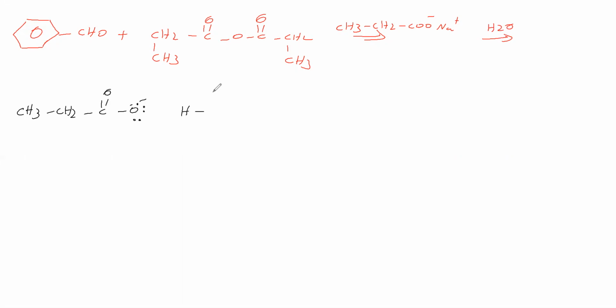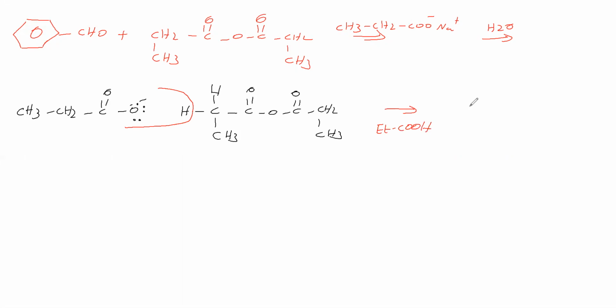So we take this as CH2CH3, COO, CO, CH2CH3. Abstracting the proton, therefore this is leaving as carboxylic acid. So this becomes a carbanion.